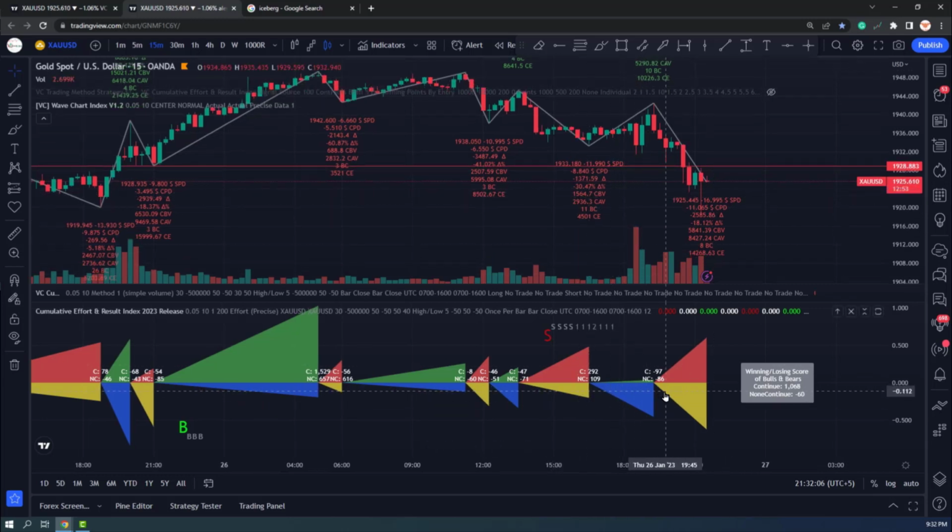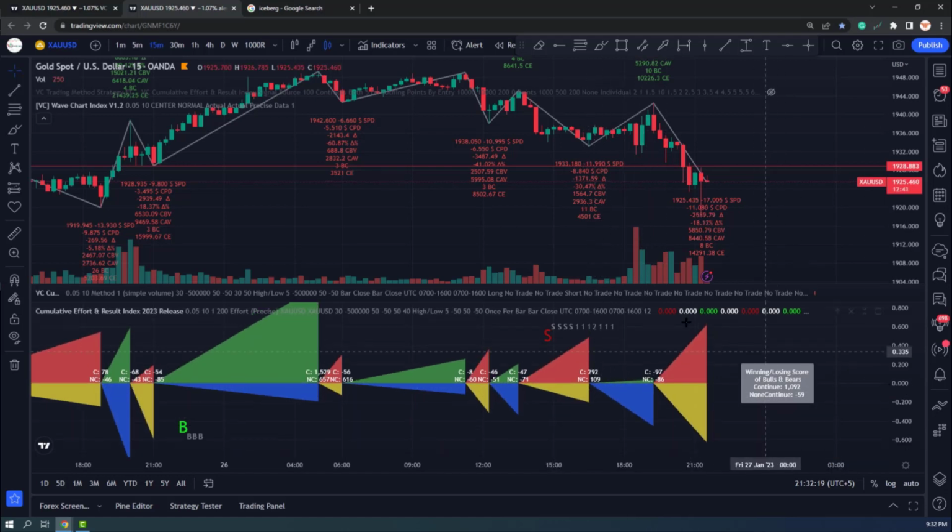You see here, this is the upside move, and it consumed a lot of effort here. It is showing the effort, but the price movement is very little as compared to previous moves. You see here, on the green side, this is a price movement.